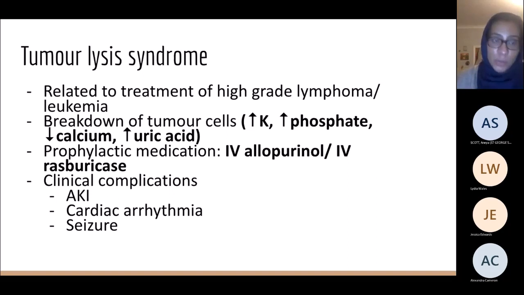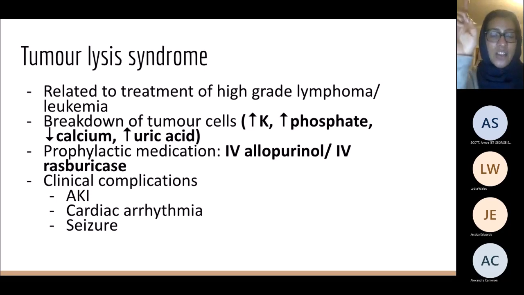And with tumor lysis syndrome, what you get in your blood is high potassium, high phosphate, decreased calcium, and an increase in uric acid. Why does that happen? I'll be honest with you, I don't know specifically, but from my understanding, when your cells break down, all the stuff that's in your cells comes out. So your potassium will come out, your phosphate will come out.